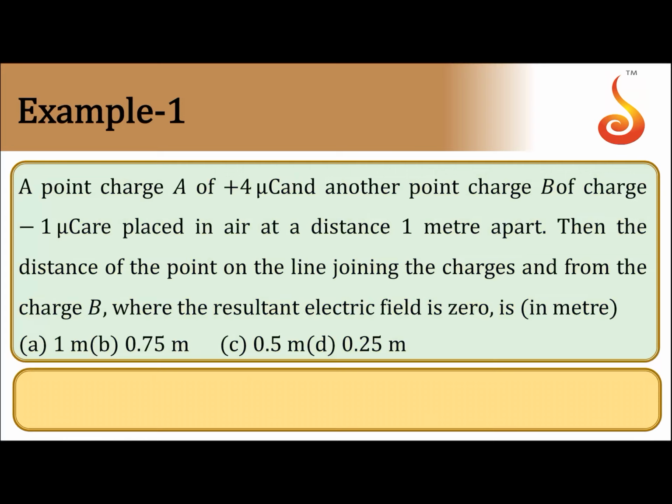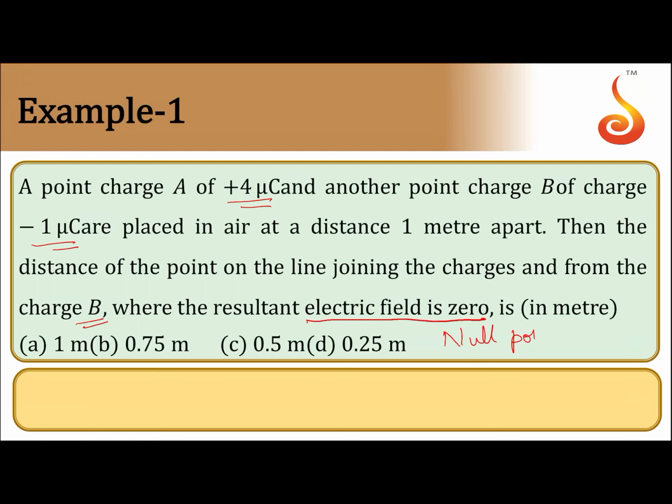So we need to find the point where resultant electric field is 0 and the distance should be measured from the charge B. Charge B is minus 1 microcoulomb, charge A is 4 microcoulomb. Notice one thing, they have asked you to calculate the distance of the point of 0 electric field, what we call the null point.